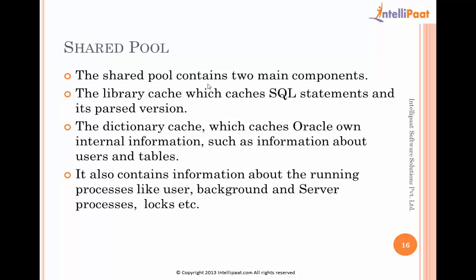So the dictionary cache has to keep a note of where it is lying, what the structure of the table is, what all the columns are, and what the related indexes are. All this information is stored as internal system tables in the Oracle database.